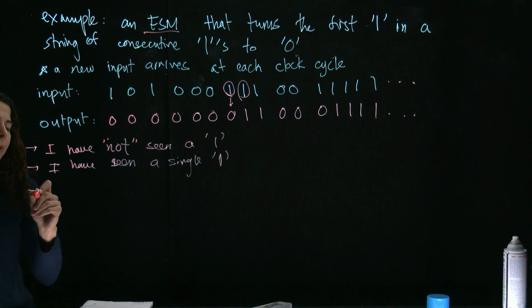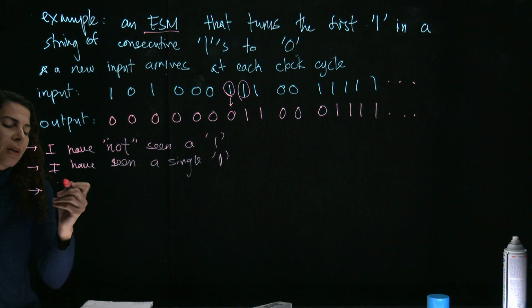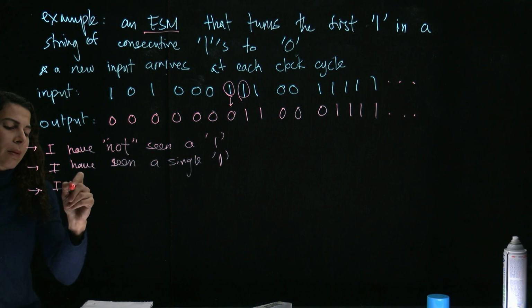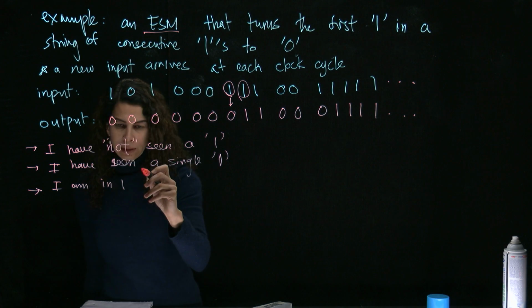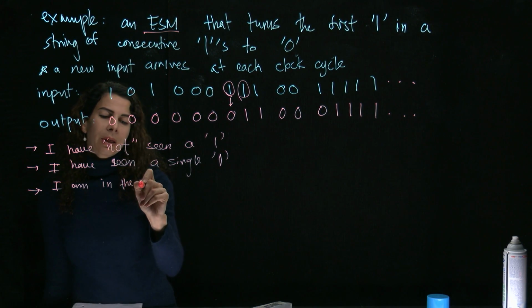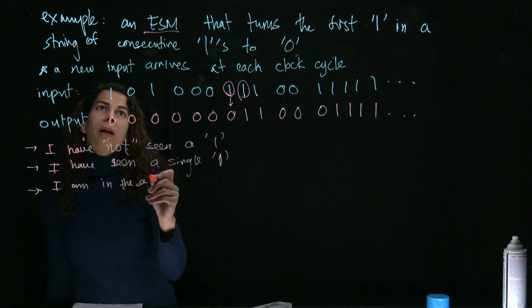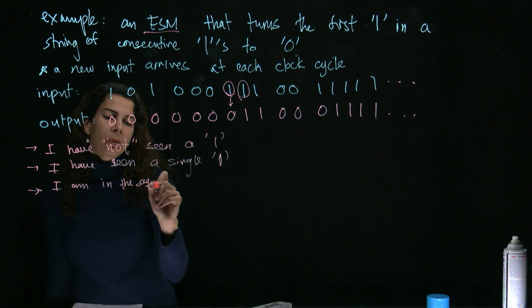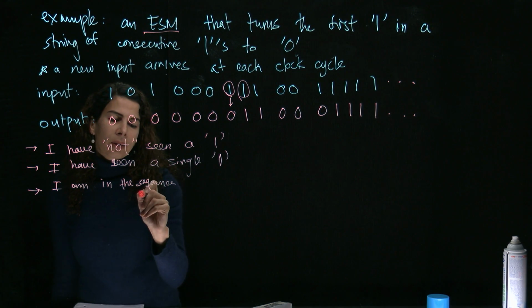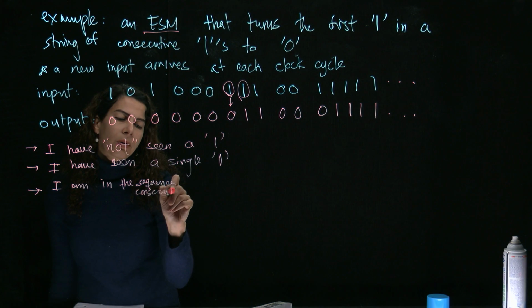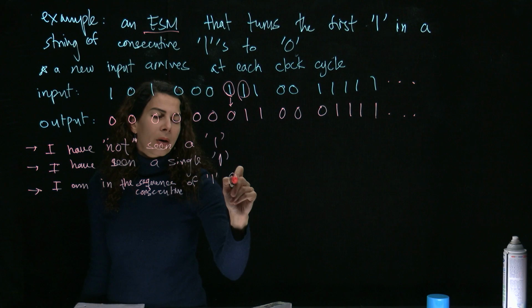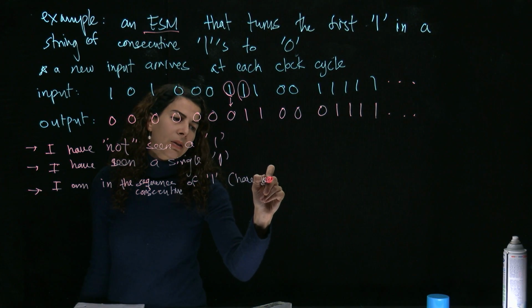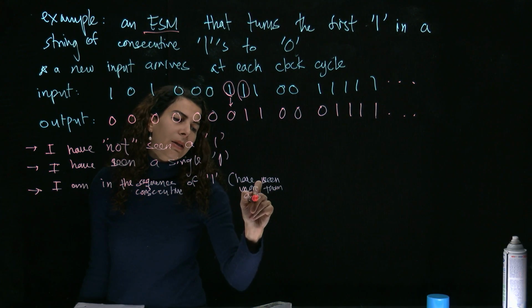And then, the third one is I am in, basically I am in kind of the sequence, in a consecutive sequence of ones, or I have seen more than a single one.